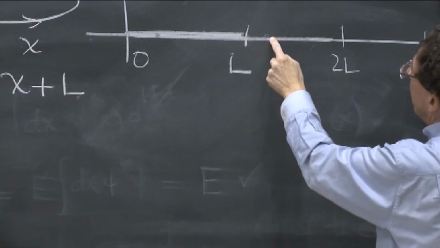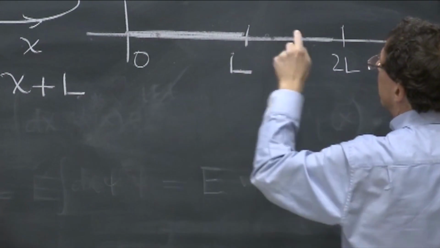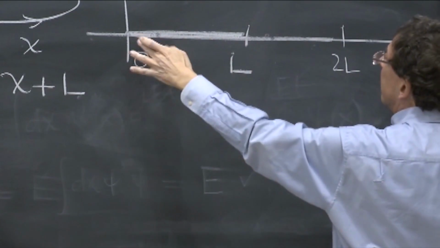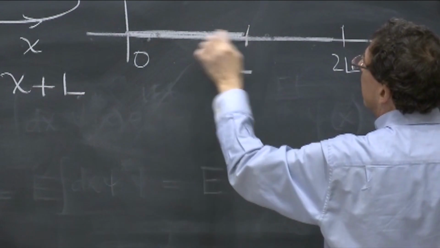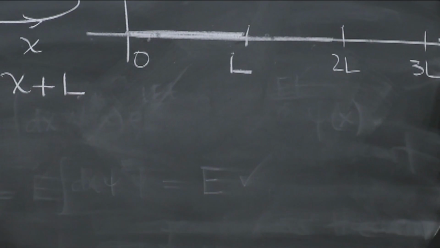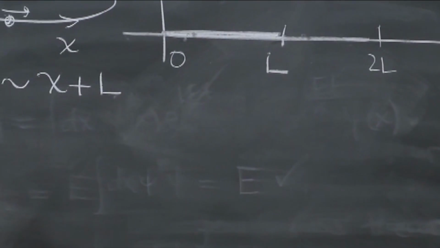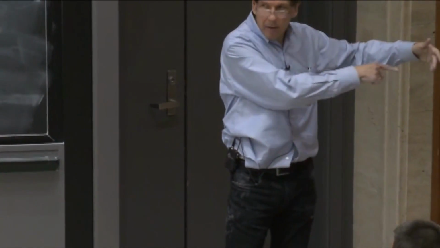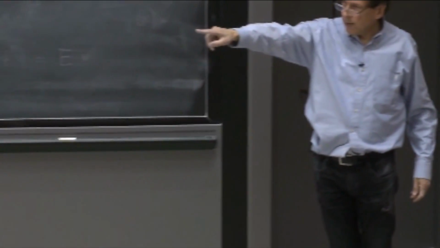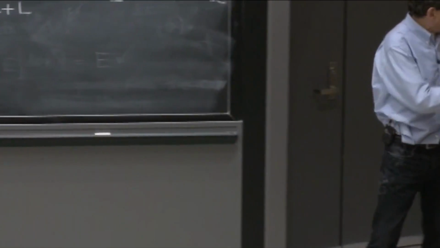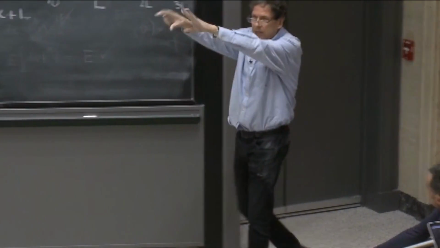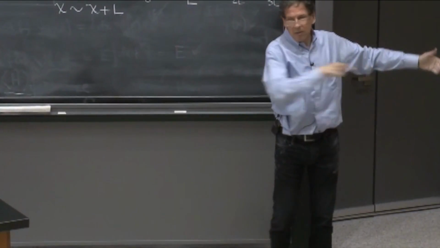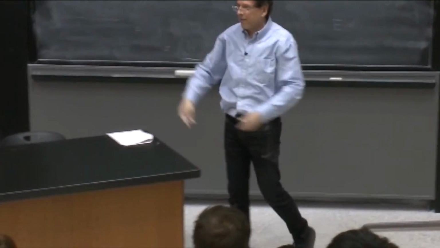Because every point here, for example, is the same as this point. And this point is the same as that point. And so at the end of the day, everything is equivalent to this piece where L is equivalent to 0. It's almost like if I was walking here in this room, I begin here, I go there, and when I reach those control panels, somehow it looks like a door, and I walk in, and there's another classroom there with lots of people sitting, and it continues and goes on forever.